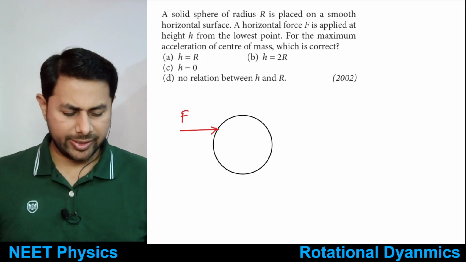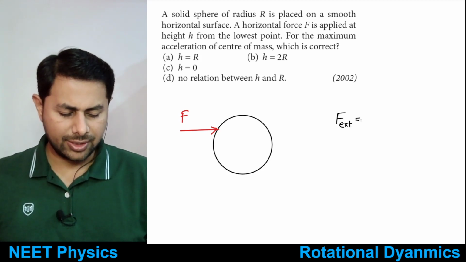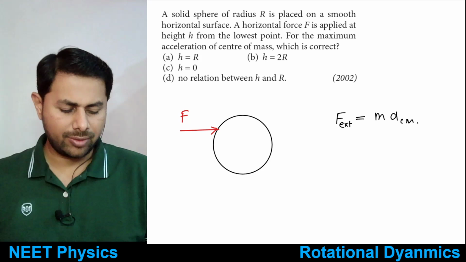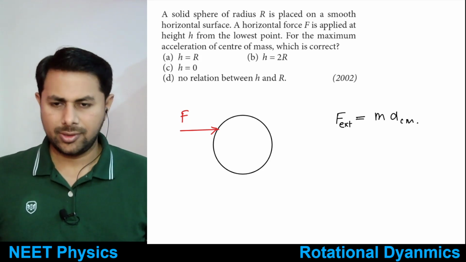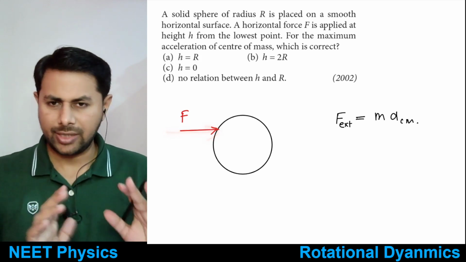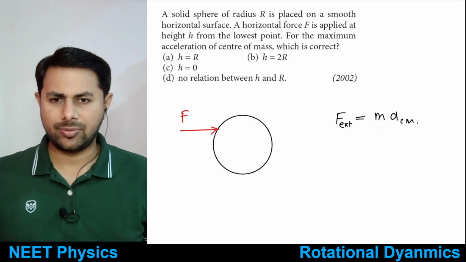Okay, so when we studied the center of mass, we studied that the external force is equal to the mass of the body multiplied by the acceleration of the center of mass, right? Suppose you are exerting some force F on the body, it is equal to mass of body multiplied by acceleration of center of mass.